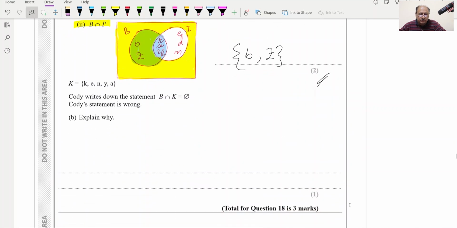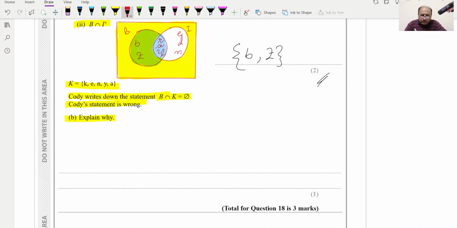Hopefully you understood this. Now next part, they are saying K is equal to this. Cody writes down the statement B intersection K is equal to the empty set, which is a null set, 0 members, no members. So Cody's statement is wrong. Explain why.